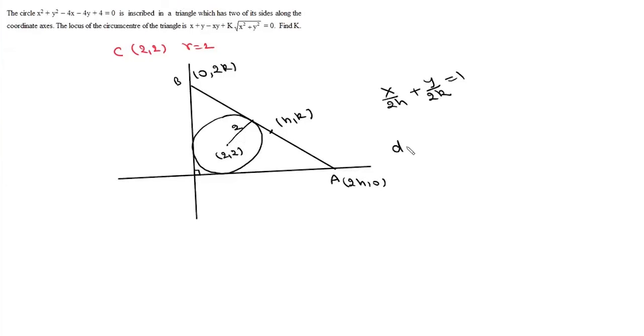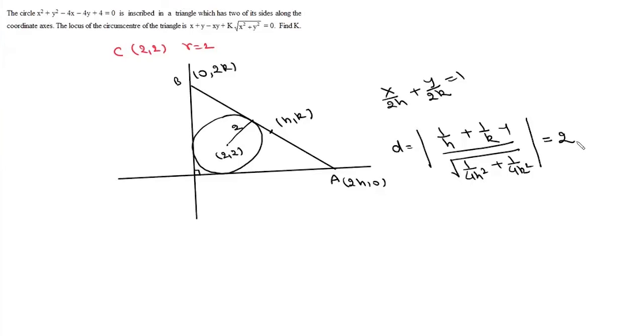Now the perpendicular distance from the center will be simply 1 by h plus 1 by k minus 1 upon under root of 1 by 4h square plus 1 by 4k square, and it should be equal to its radius, which is 2 units.